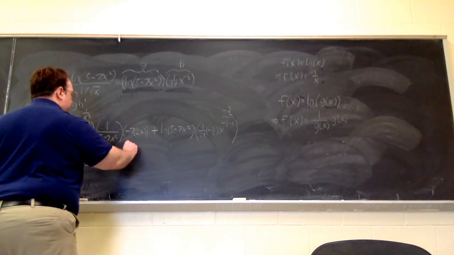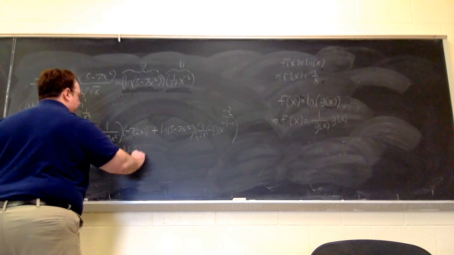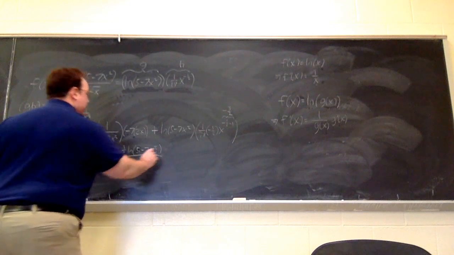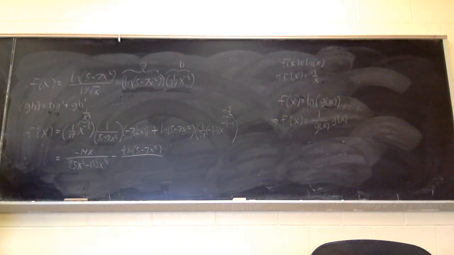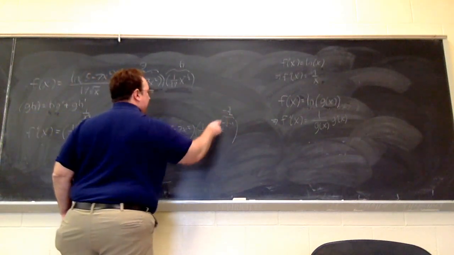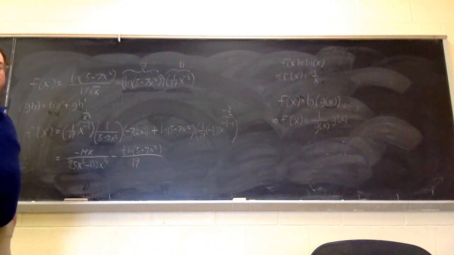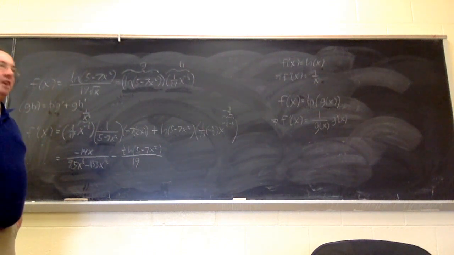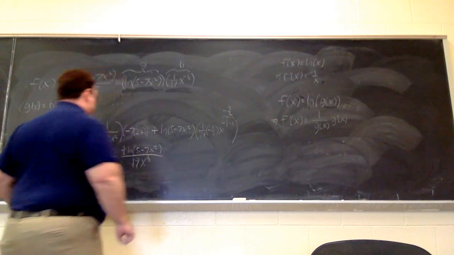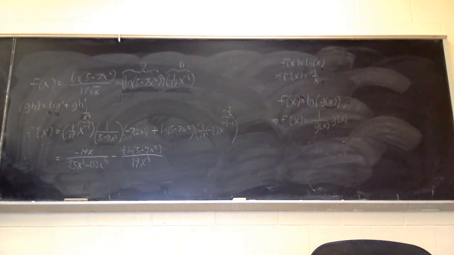My numerator is 1 half natural log of 5 minus 7x squared. And then in the denominator, I'm going to have the 19. And here I have x to the minus 3 halves, but that's the same as x to the positive 3 halves in the denominator. So I have x to the 3 halves.